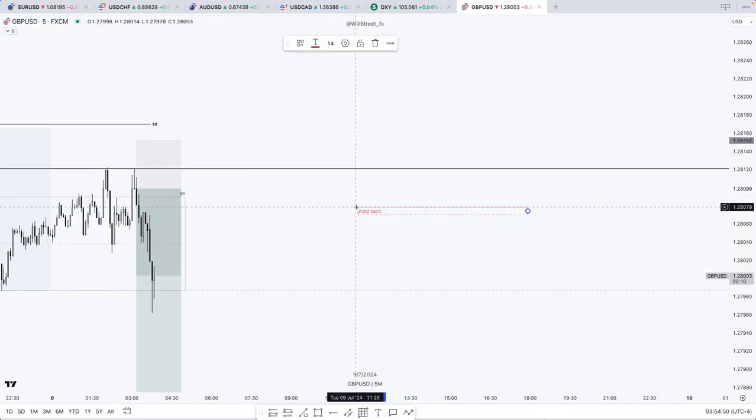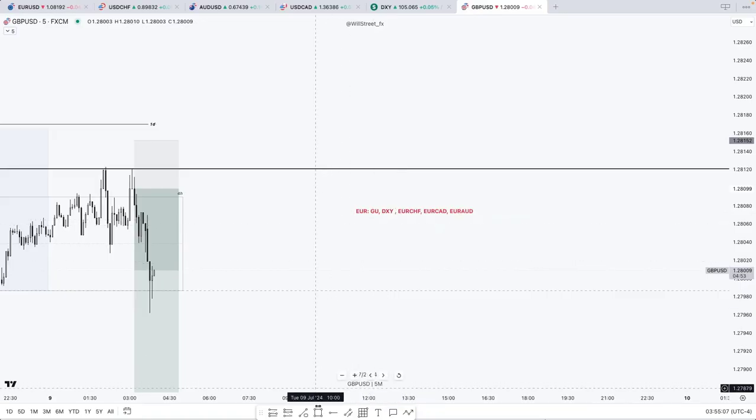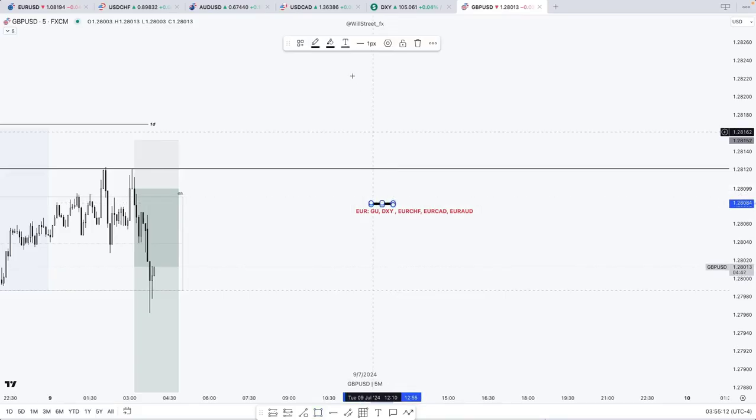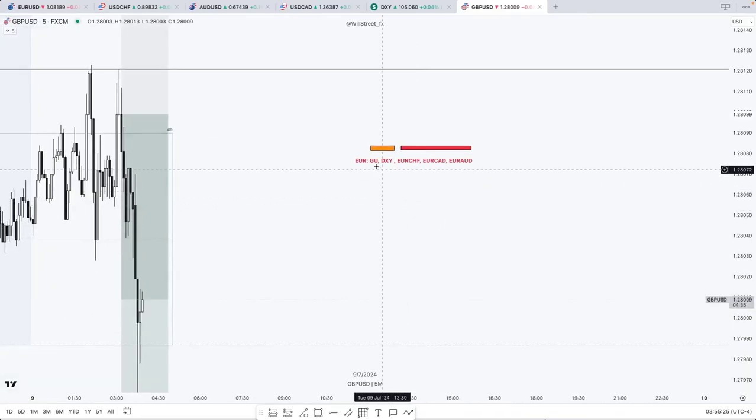So first of all, when we're looking at Euro, we have GBP, DXY. So these are the correlated assets.